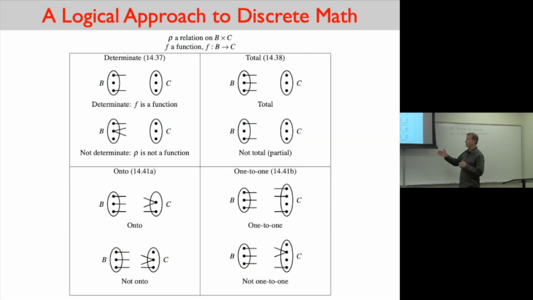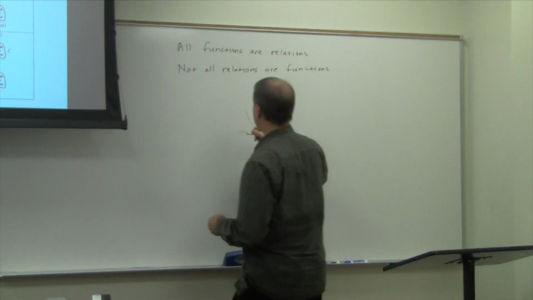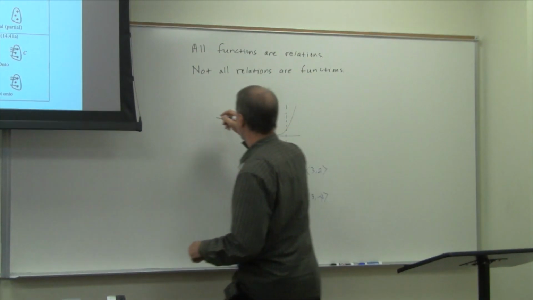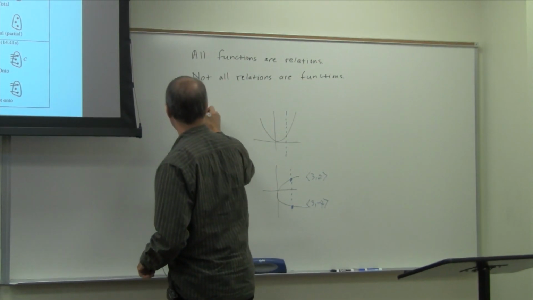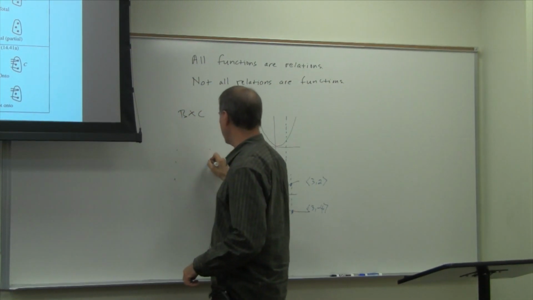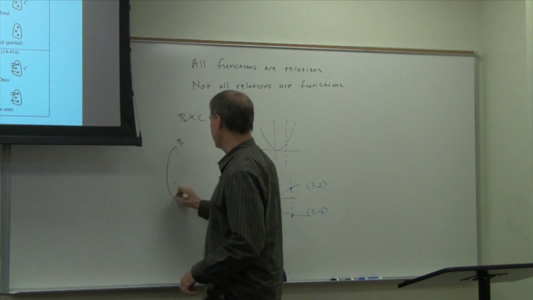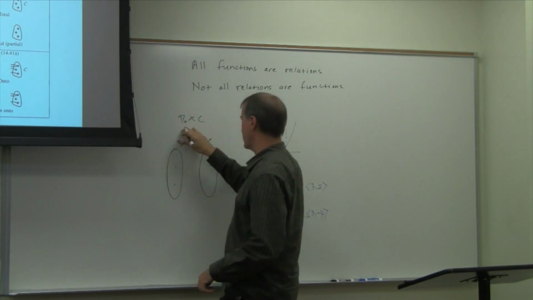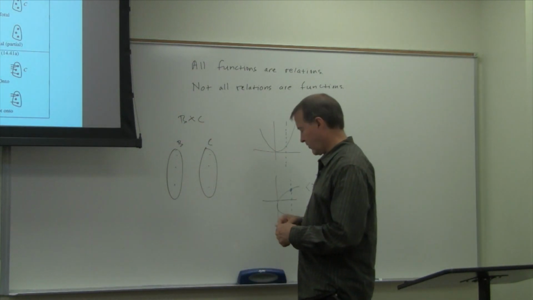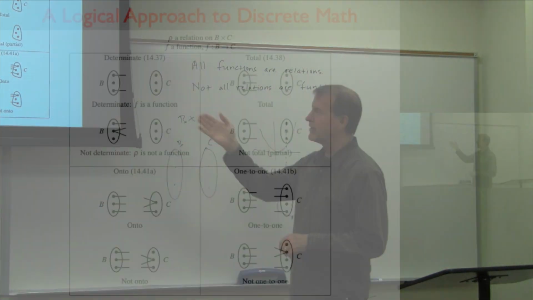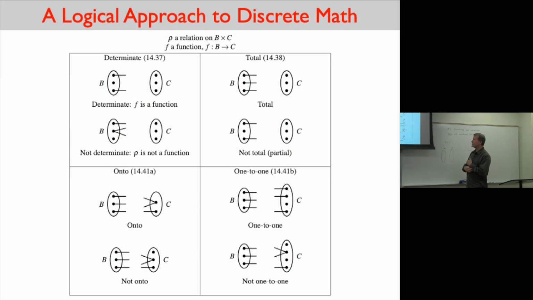Now you remember how we draw relations from B cross C. Suppose we have a relation on B cross C, and we would put B here, and we'd put C here, and we'd have it on B cross C. Well, these little figures here are my attempt to illustrate visually what these definitions are.